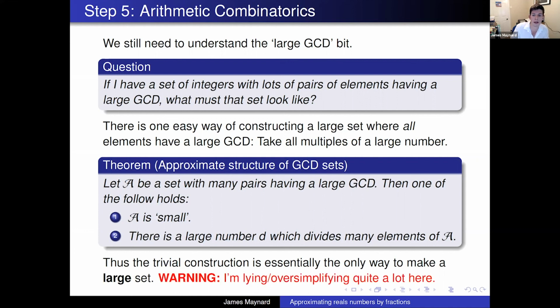I should point out that I'm lying slightly and simplifying things quite a lot here to give a key flavor of the new ideas in our work. But it's this approximate structure theorem which is really conceptually how I like to think of our new contribution.